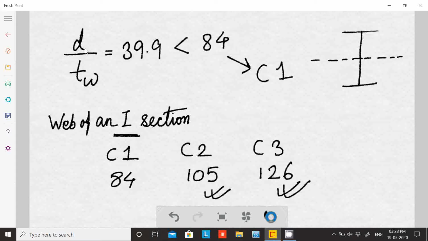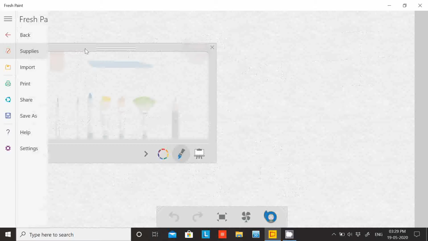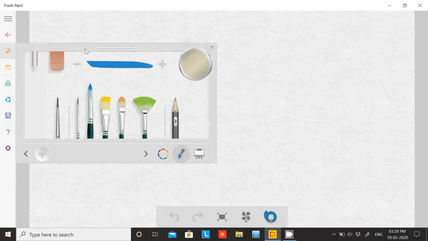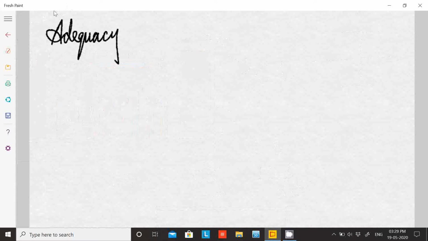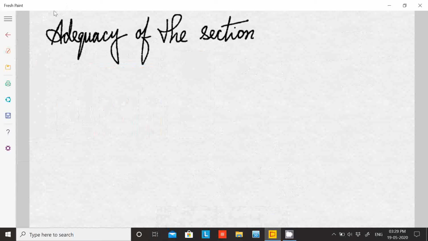Now let us go to the next step, that is the adequacy of the section including self-weight.